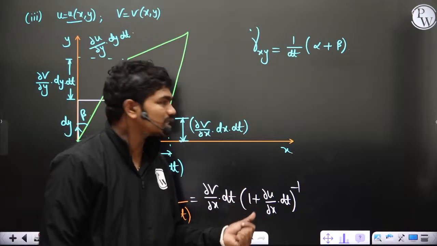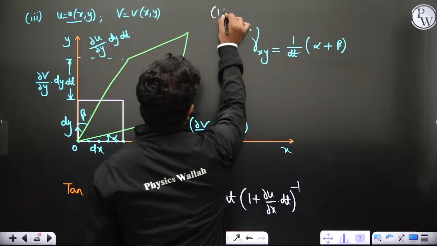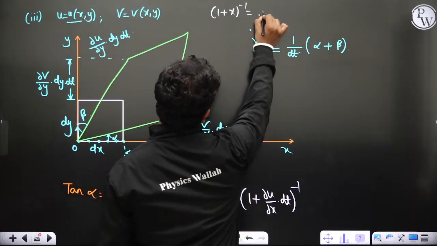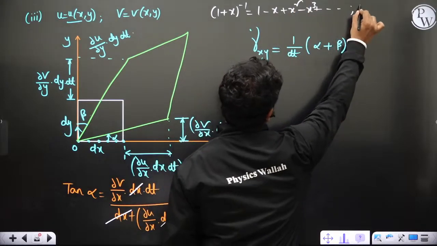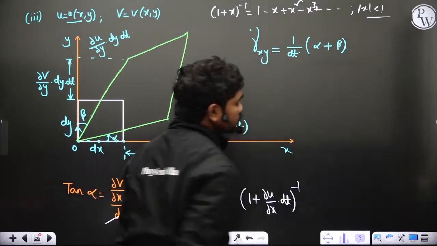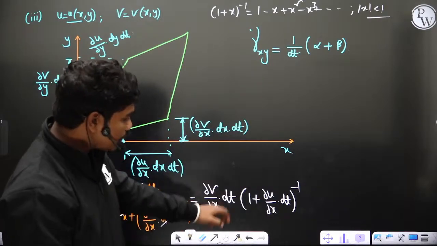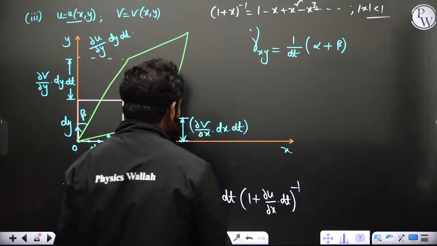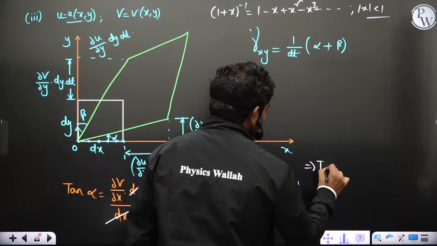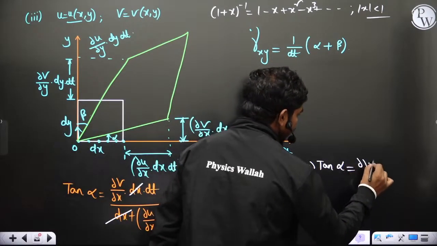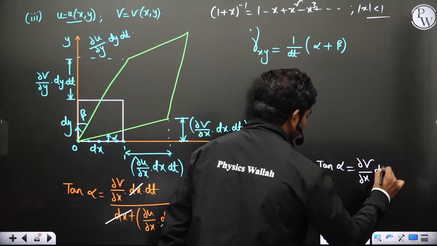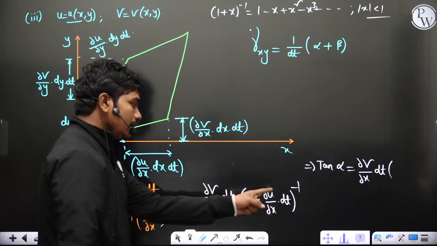Now you know the binomial expansions, you might have seen this, (1 plus x) whole power minus 1, the geometric progression, 1 minus x plus x square minus x cube and so on for mod x less than 1. Okay, so you have seen this binomial expansion. So in that binomial expansion, if you substitute, this value comes out to be tan alpha is equal to dou v by dou x into dt, times this term.